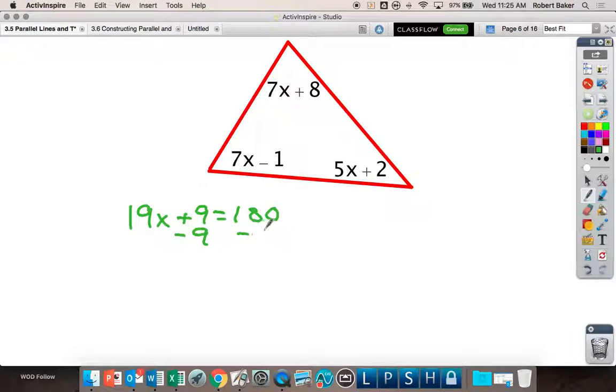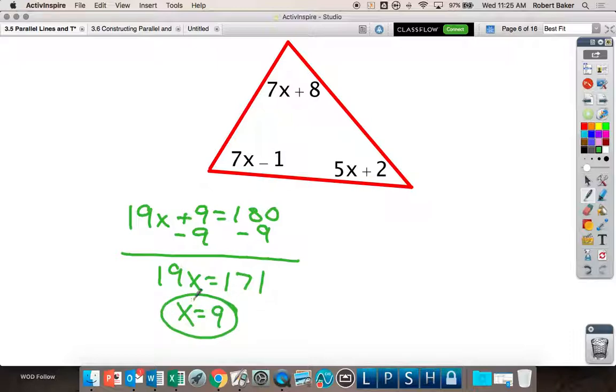Minus 9 from both sides. X equals 9. Divide both sides by 19.